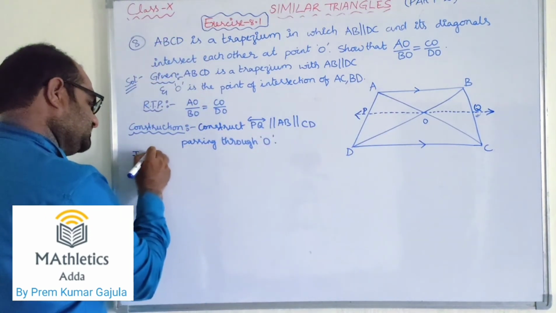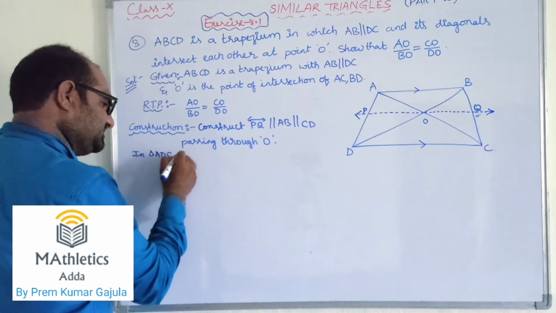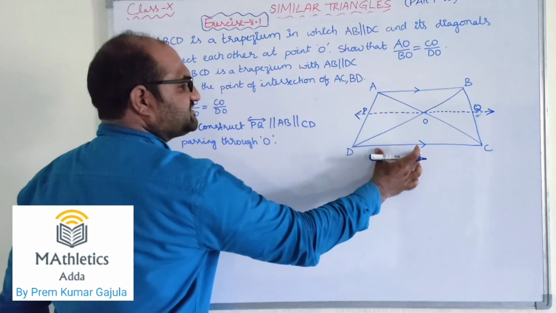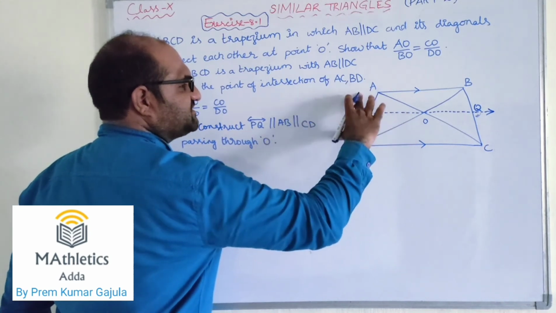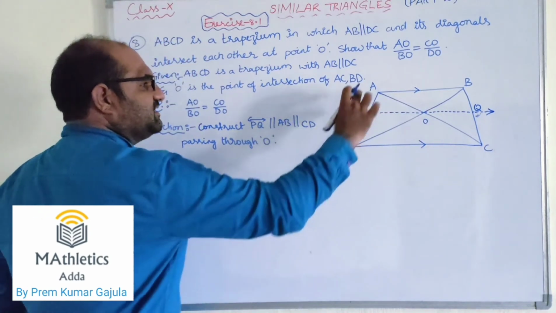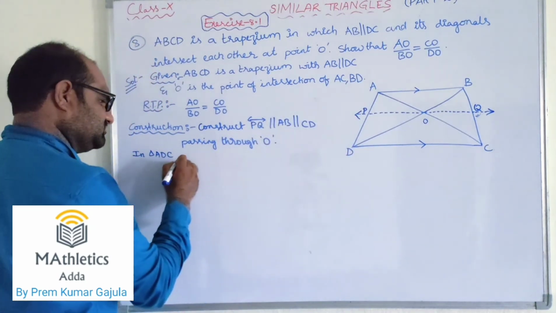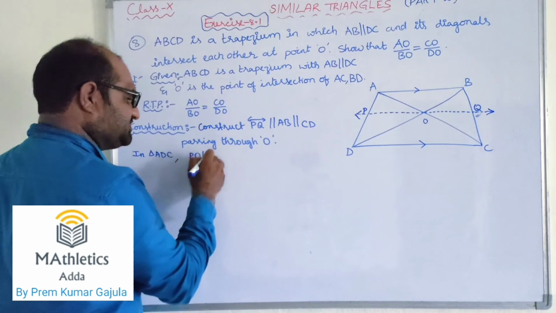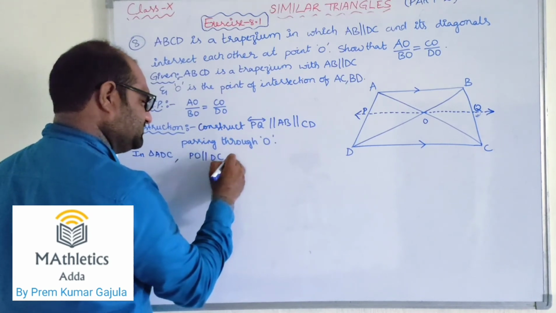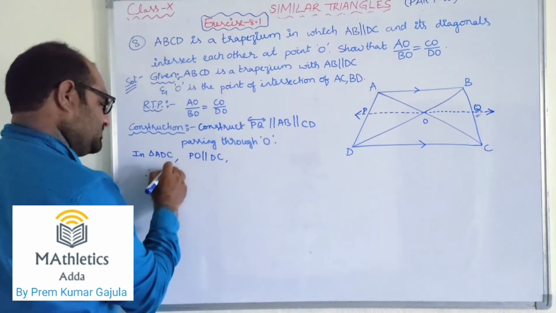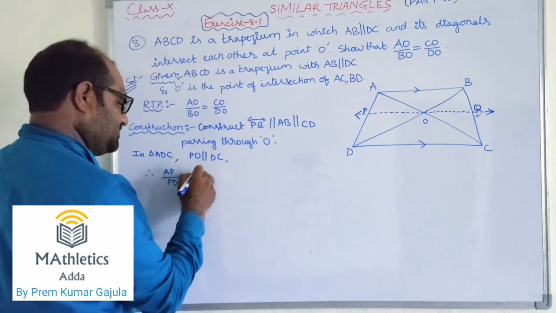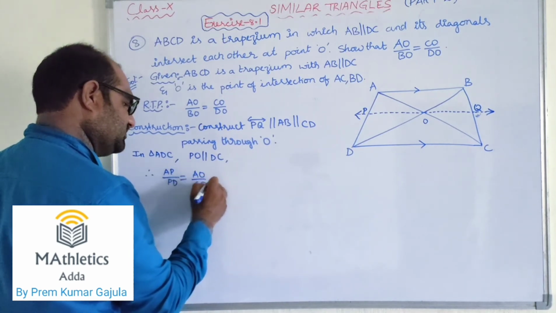So in triangle ADC, this PO is parallel to this side, so we can say that this side divides these two sides in equal ratio. That is AP by PD is equal to AO by CO, since PO is parallel to DC.